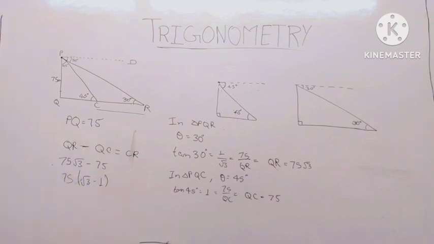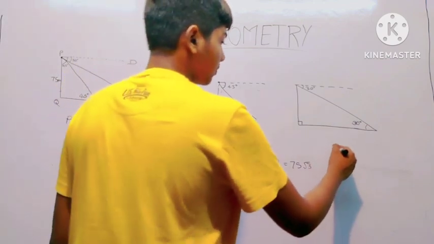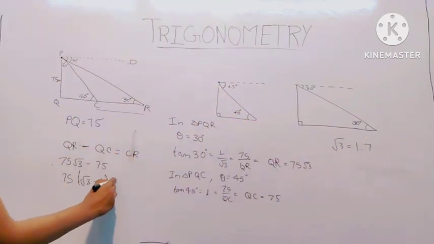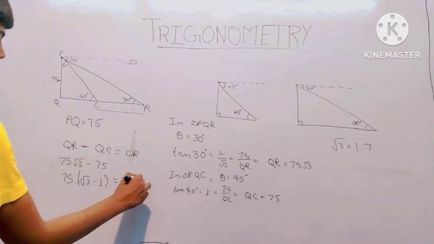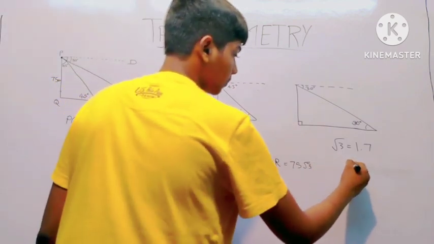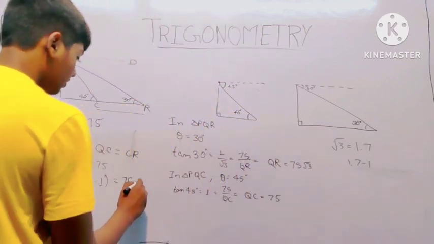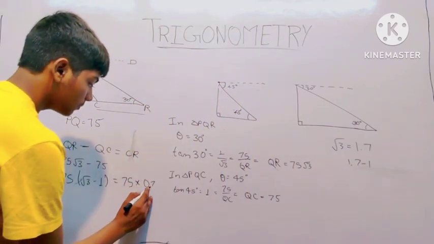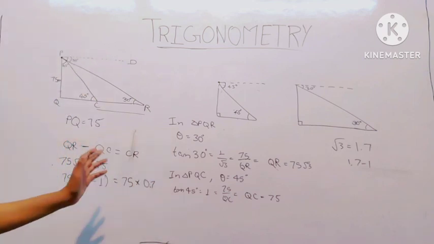If you want to put the value of root 3, you can. Root 3 is 1.7. Hence, it would become 75 into 1.7 minus 1. What is 1.7 minus 1? 0.7. Now you can also multiply.